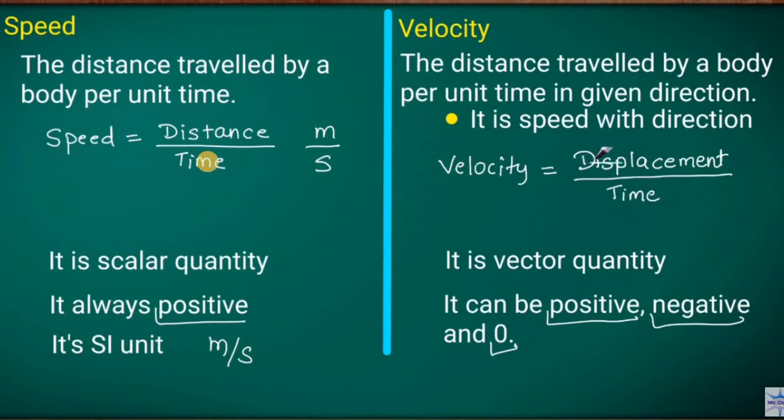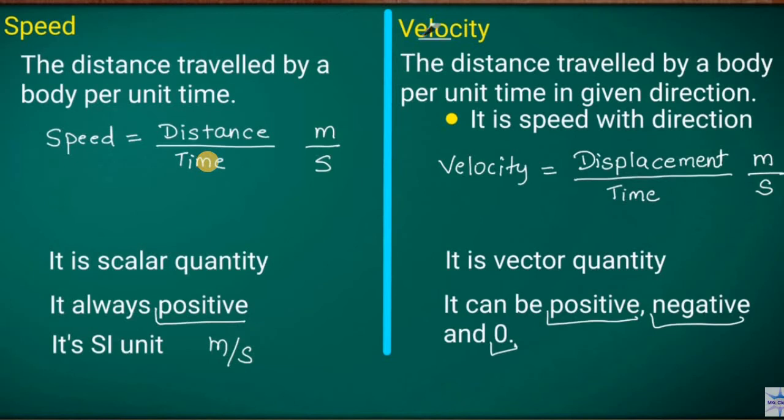As we see in displacement, displacement can be positive, negative, and zero. You can see in the formula that velocity depends on displacement, which is a vector quantity, so velocity also can be positive, negative, and zero.